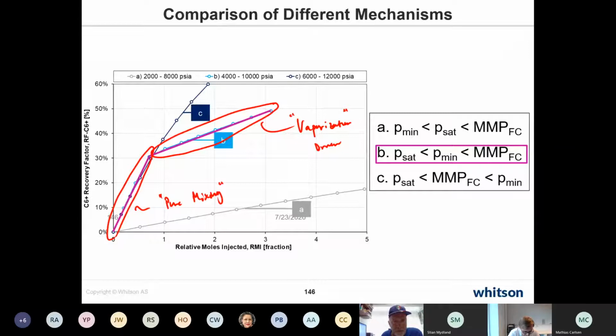And what we mean by that is that up until this point, in this region right here, the PVT cell is a single phase, either single phase oil or single phase gas, while after that we have an oil phase and a gas phase. And the only way we can produce additional components is through this gas phase.